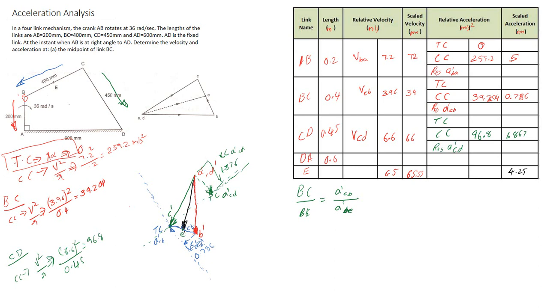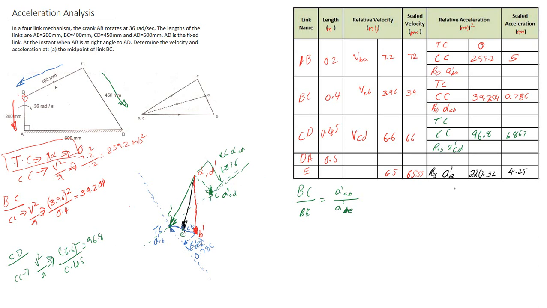Similarly, by taking the ratio, 59.2 divided by x is equal to 5 divided by 4.25, you will get the value 220.32 as the acceleration of E. That means it is the resultant acceleration of E with respect to A or D, the grounded point.